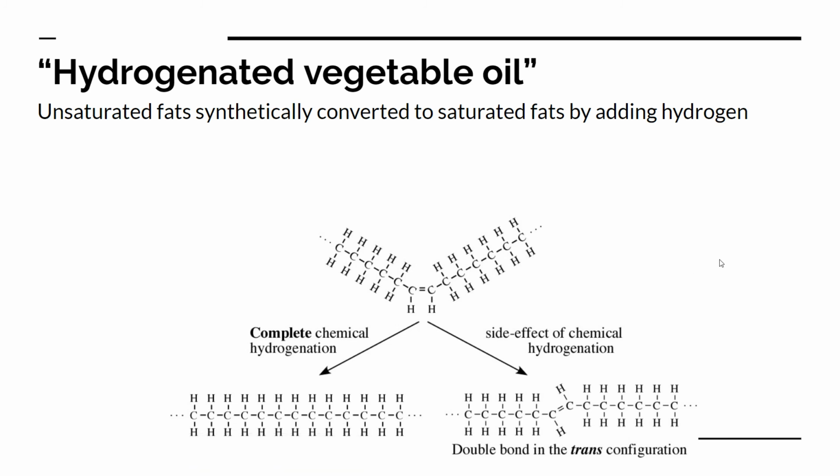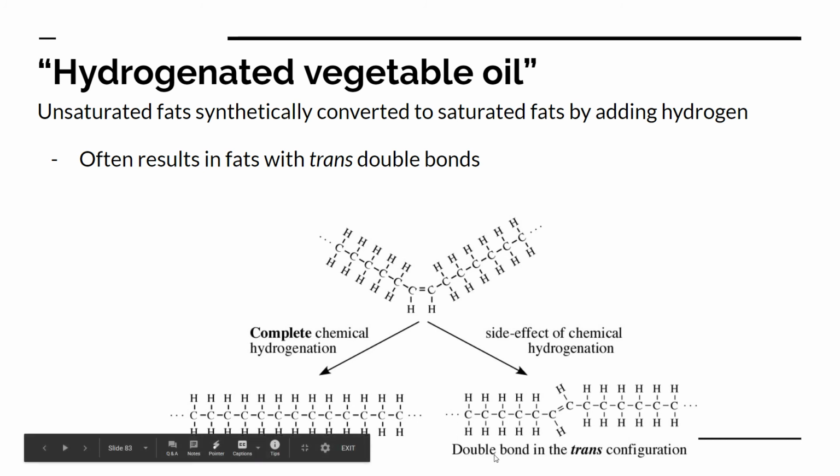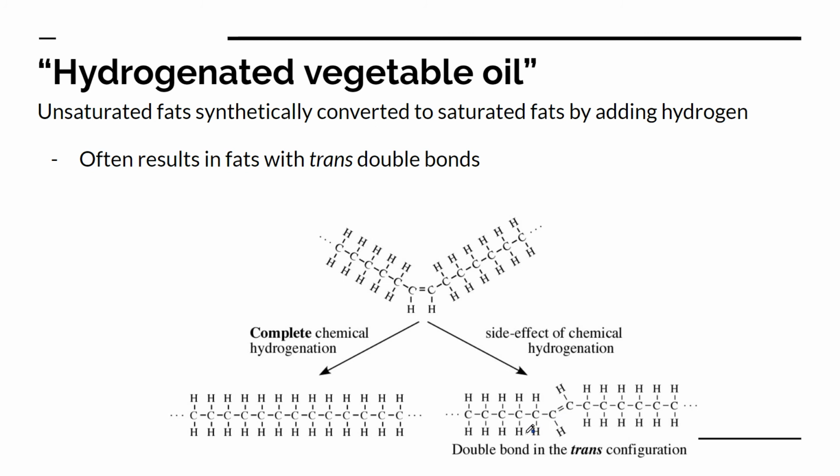But a side effect of that sometimes is that they end up making some fats just as a result of this process that instead of being in the cis configuration, have that trans configuration. So again, if we draw our line straight through the double bond, if that's kind of the plane we're looking at, now our two carbon chains are on opposite sides instead of being on the same side.